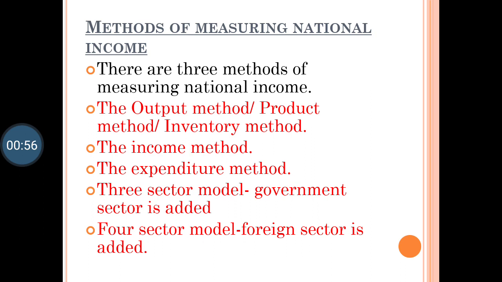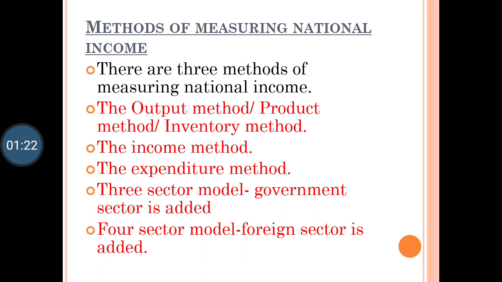Measuring national income means how do we measure national income? Now you know that national income is the monetary or money value of all goods and services produced in a country in a period of 1 year. But there are different methods by which the national income can be calculated, and different countries adopt different methods as per their convenience.